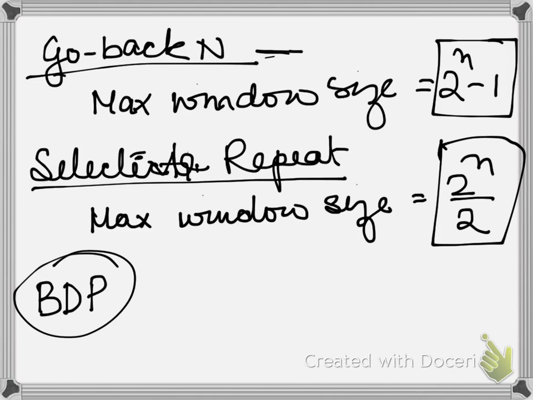So these two pieces of information will help you decide what the window size should be in order to have full utilization of the link capacity. Okay, so that is the window size. That is about how, from the BDP, we get the window size. So let me take one example.